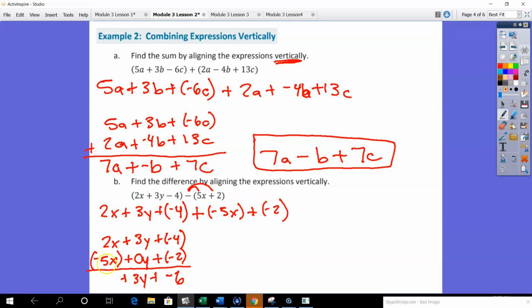Then 2x and negative 5x, and 4 and 2, but it's a negative, so we're subtracting. Keep the sign of the greater absolute value. Negative 3x plus 3y plus a negative 6. Shouldn't have two signs. So negative 3x plus 3y minus 6.